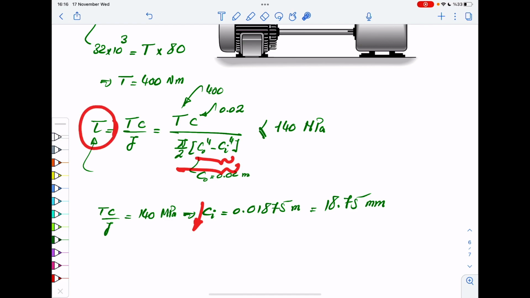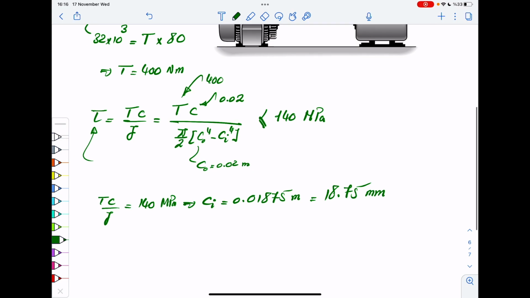So the stress that it corresponds to becomes smaller. So it is a good thing to reduce it. It's fine if you reduce it. So what I'm trying to say is that we just said CI is 18.75 millimeters, but you could have just said it's less than or equal. So anything less than that is on the right side. It's on the good side, okay?